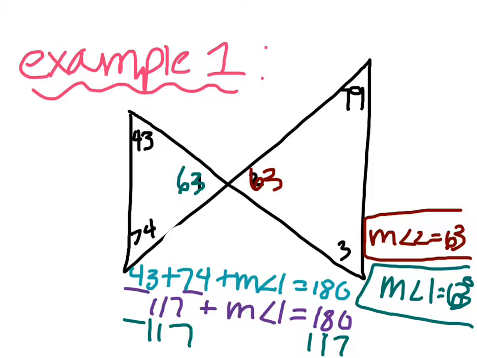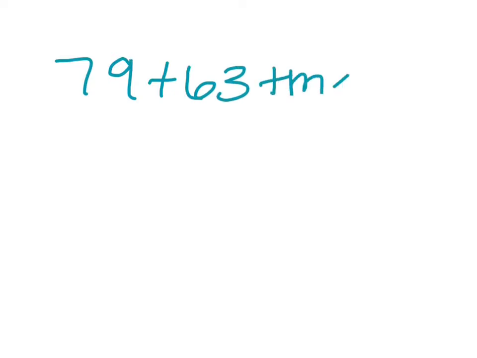Now we can figure out what angle 3 is. Using that same angle sum theorem, we know 79 plus 63 plus angle 3 is going to equal 180. I'm going to go to a new page to do this. So 79 plus 63 plus the measure of angle 3 equals 180. Just combine our like terms. 79 plus 63 is 142.